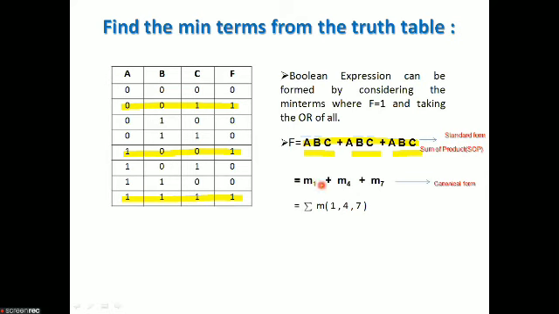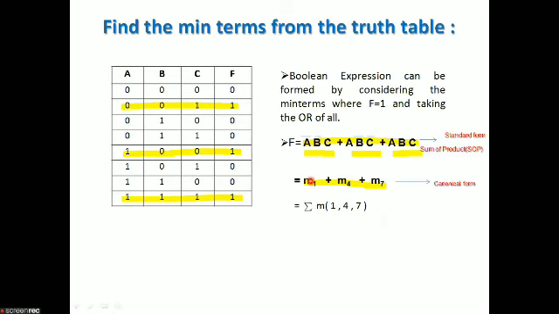That is the sum of product form. This is the summation of min term 1 plus min term 4 plus min term 7. So this is also called the canonical form, represented by an arrow sign.